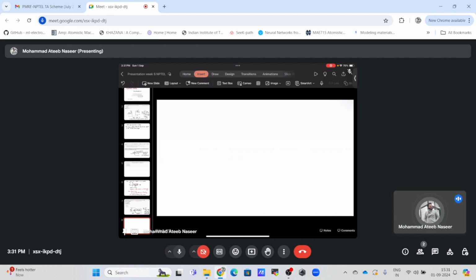It means now the Schottky barrier height Q phi Bn is simply Q times phi m minus chi.